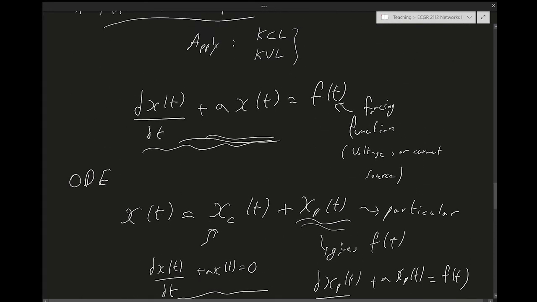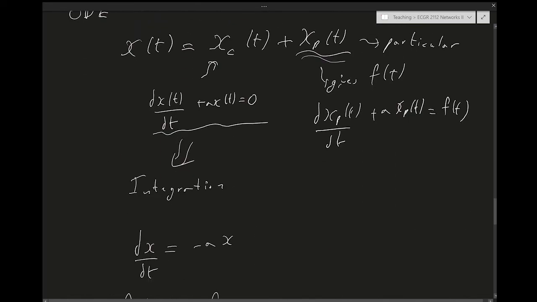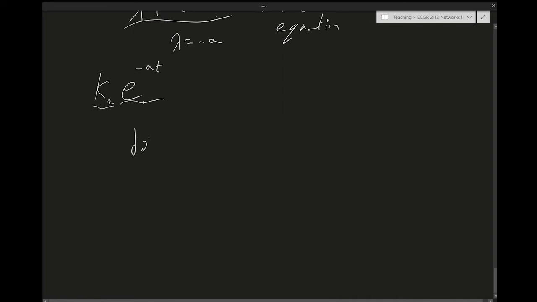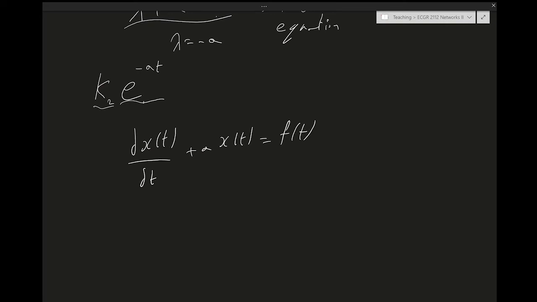Now we want to go back and find a particular solution. So I have dx/dt plus a x equals f of t. Again, there are many ways of finding such a solution.